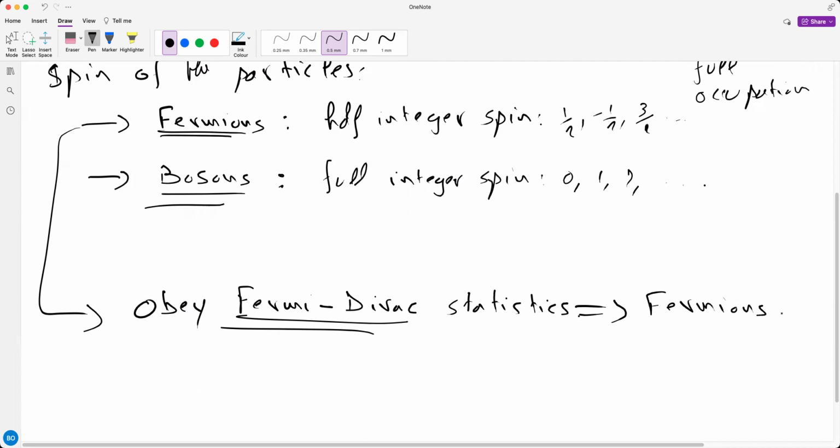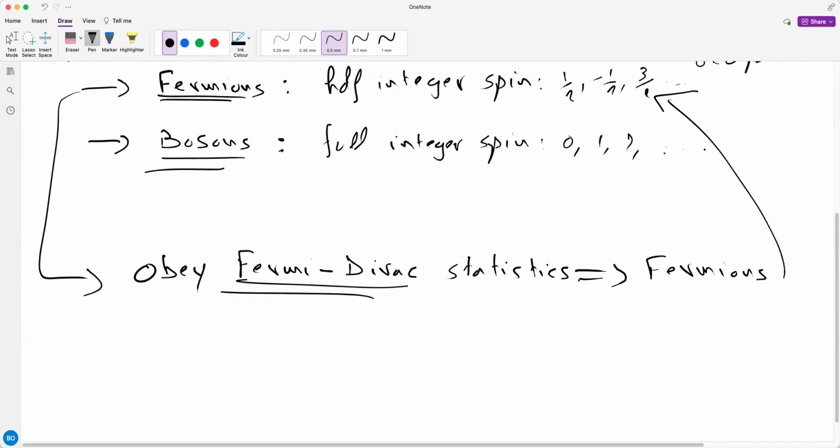Fermions are particles that have half-integer spin: 1/2, minus 1/2, 3/2, etc. Bosons are particles that obey what we call Bose-Einstein statistics.